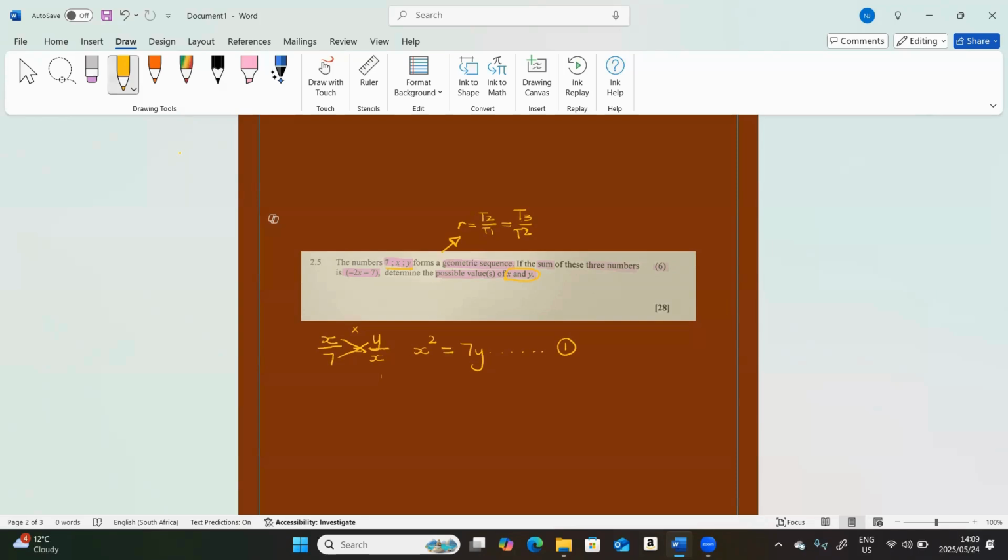Okay. Then you read the next sentence, which says that the sum of the three numbers is negative 2x, negative 7, okay? So the sum of the three numbers, guys, sum means adding up, obviously, okay? So just follow what they tell you. So the sum of the three numbers, so 7 plus x plus y, that is the sum of the three numbers.